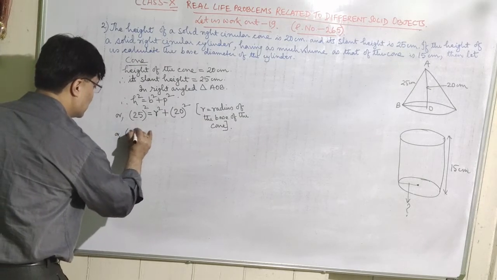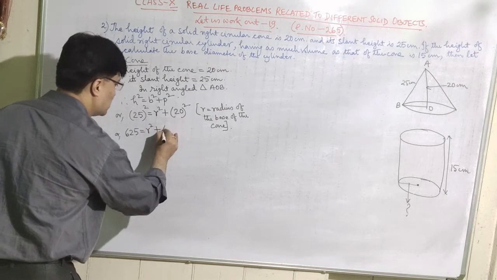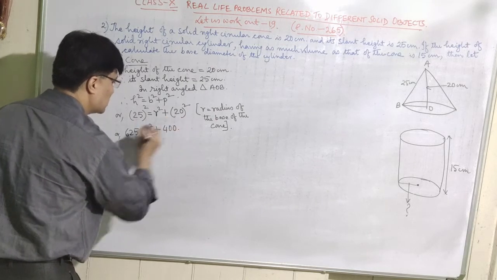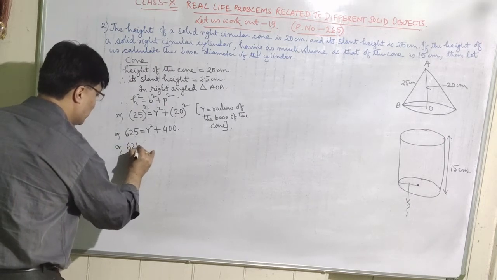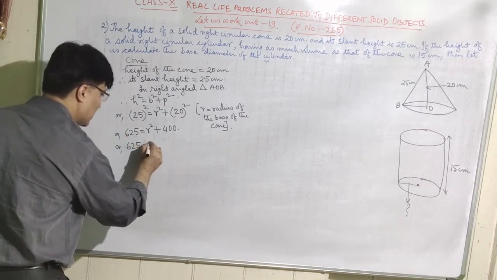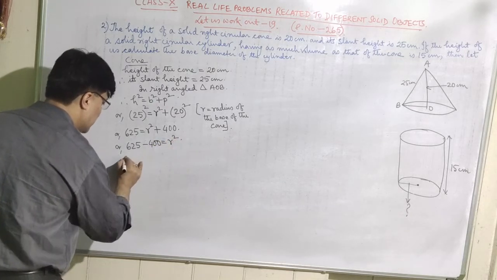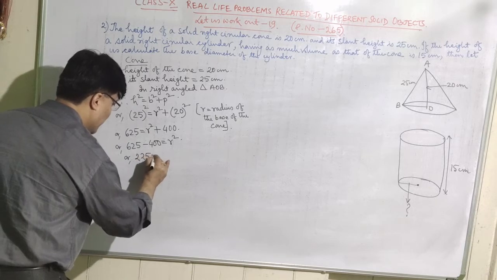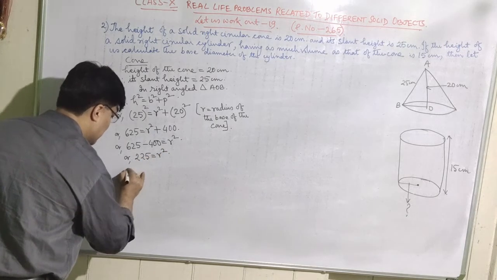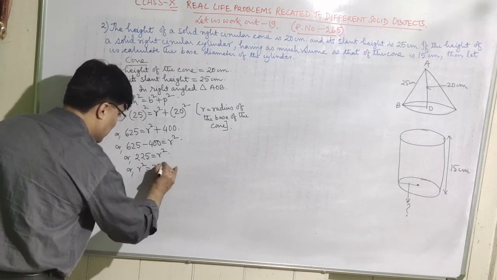It is 625, equal to r squared plus 20 squared, which is 400. Take 400 to the left hand side: 625 minus 400 is equal to r squared. What is 625 minus 400? It is 225, equal to r squared. Or you may write r squared is equal to 225.